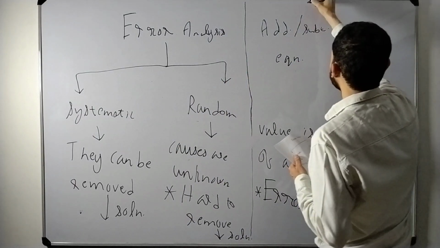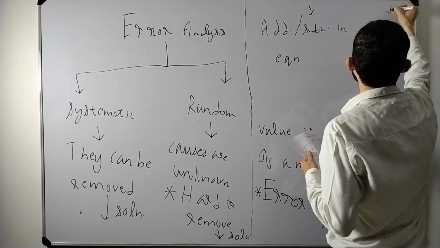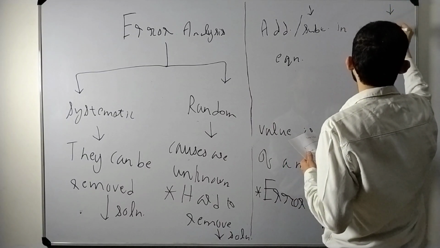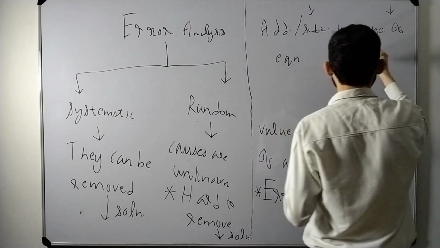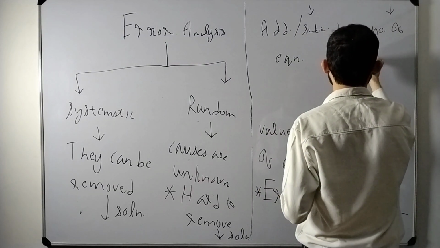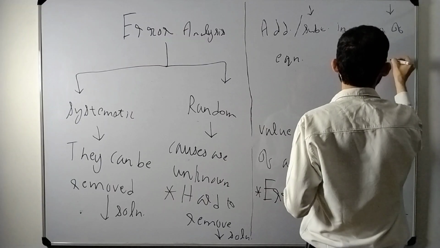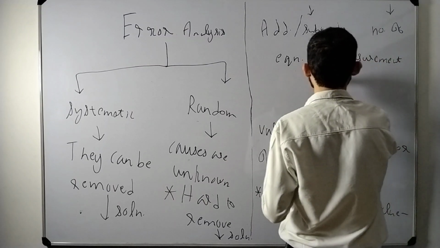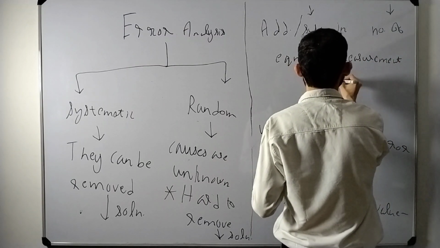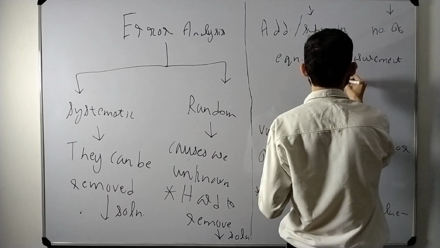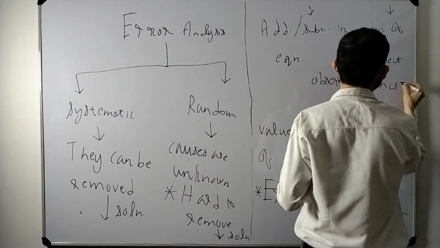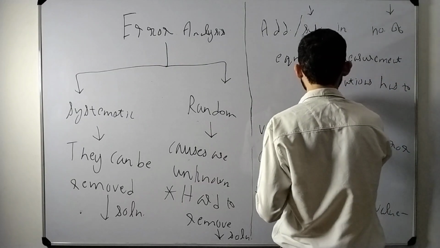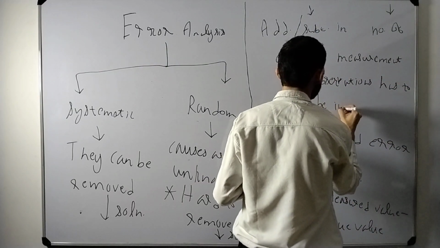And for random errors, the number of measurement observations has to be increased. This is the solution to it.